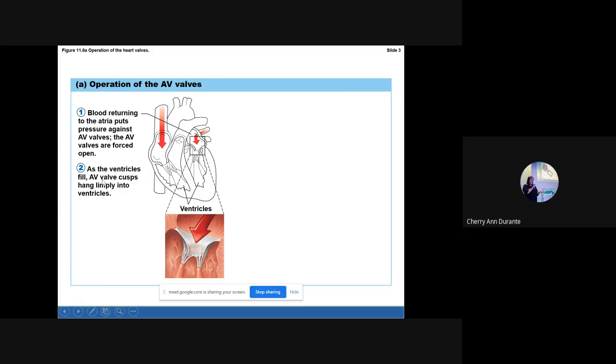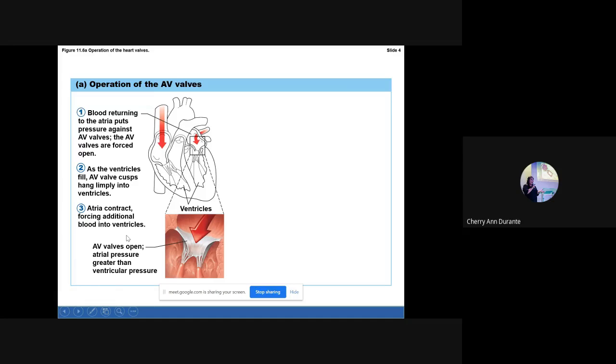As the ventricles fill, the AV valve cusps hang limply into the ventricles. Then the atria contract, forcing additional blood into the ventricles. The AV valves are open because of the greater pressure.